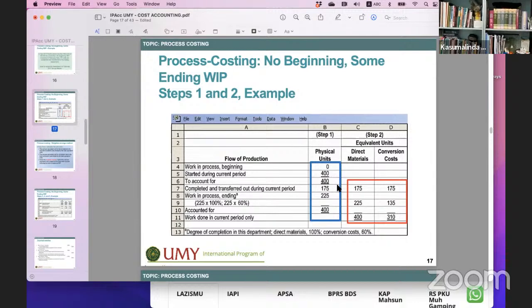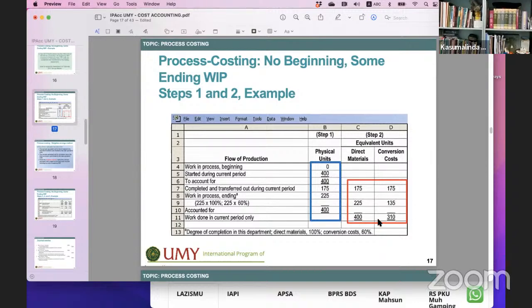For the completed units, we refer to the equivalent units here: direct material 175, conversion also 175. But for work in process, the direct material units is 235, and for conversion it is 135.